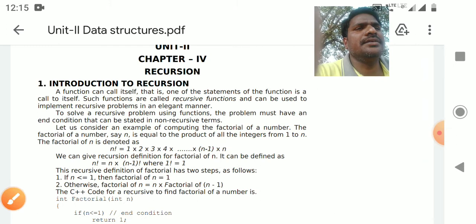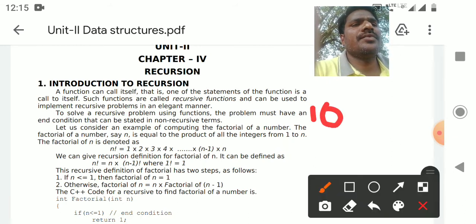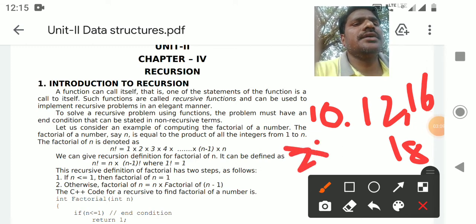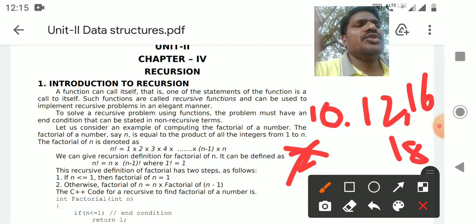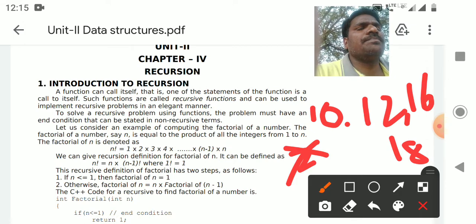If you see another example, there are some 10 numbers, for example 10, 12, 16, 18, 20. Suppose I want to find out whether 16 is there or not. Instead of checking from 10 to 20, I will divide the list into two parts.